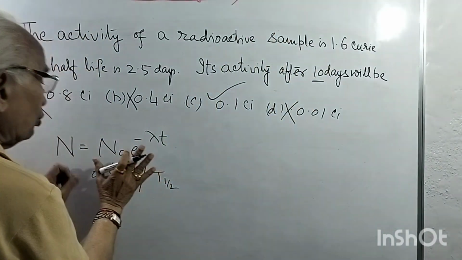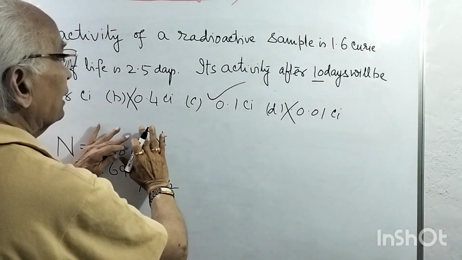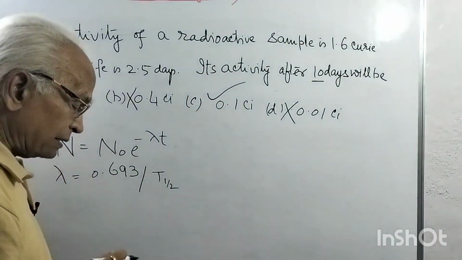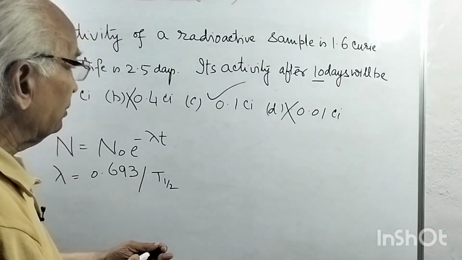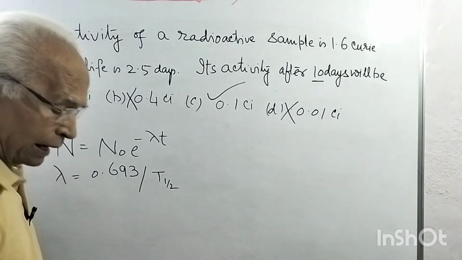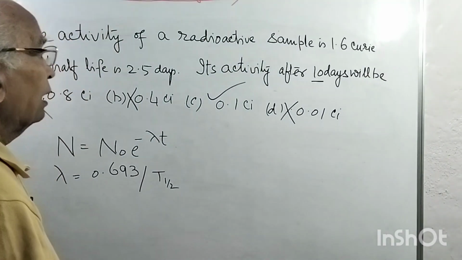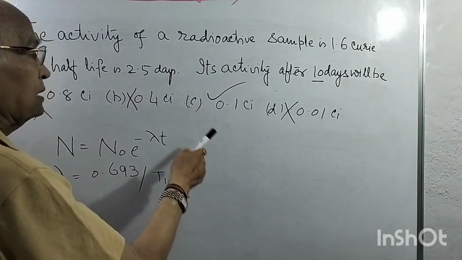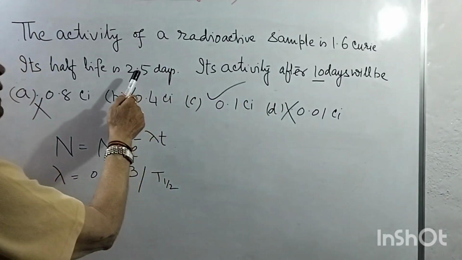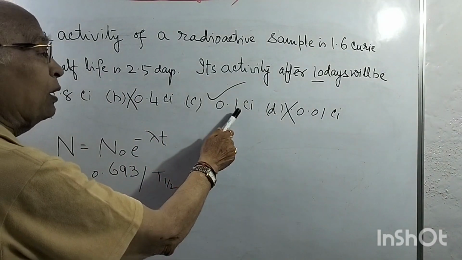Without doing these calculations, the answer can be judged: the answer to this question will be part C, that the activity of the radioactive substance after 10 days, where the half-life is 2.5 days, will be 0.1.